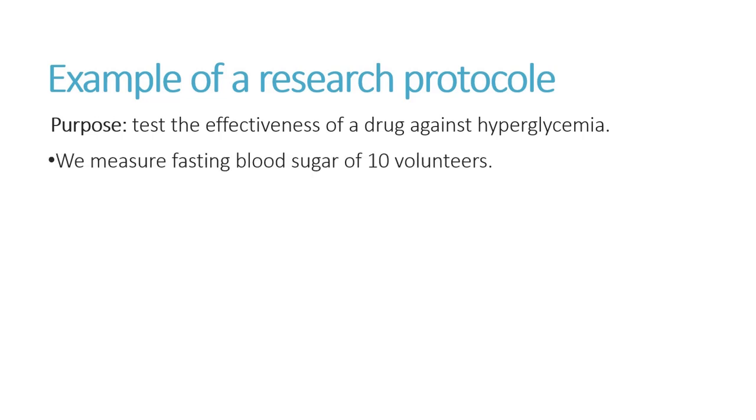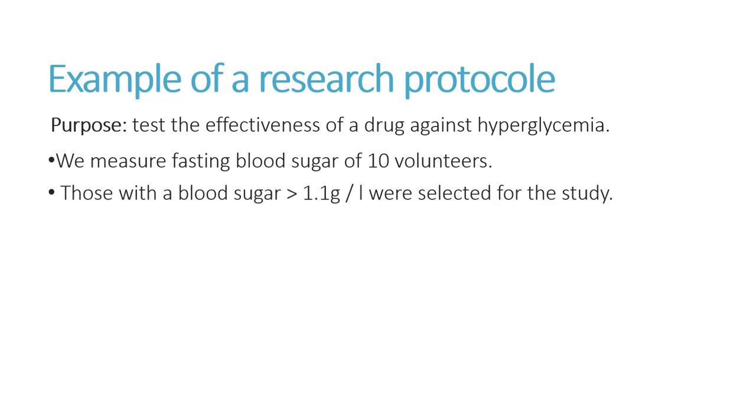Now we measure the fasting blood sugar of 10 volunteers. Like I said, it's a fictive protocol, so we just assume that we have 10 volunteers, and we are going to obtain our study sample from these 10 volunteers.